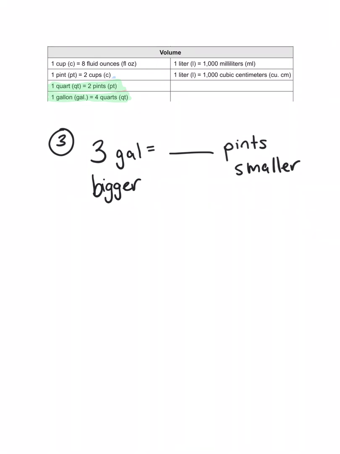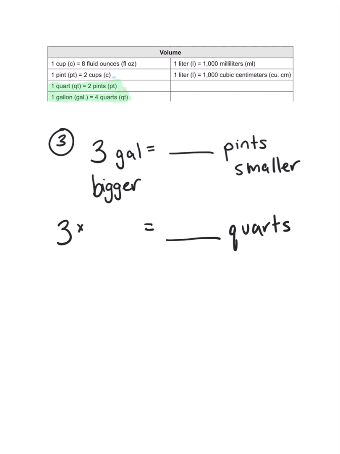Since I'm moving from bigger to smaller, that's a case of horse to fly, multiply. So I'm going to have to take my 3 gallons and multiply it times something to get me to not pints yet, but quarts first.